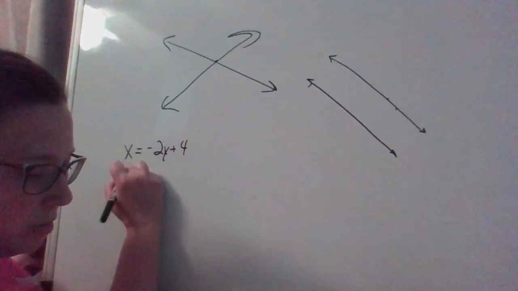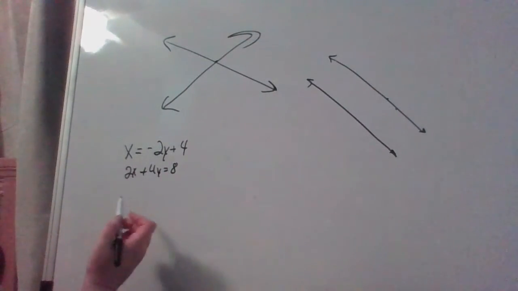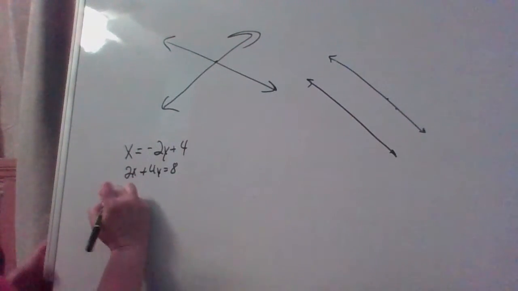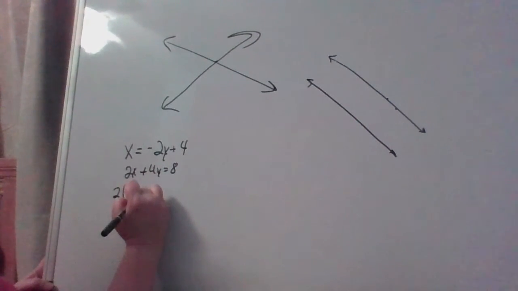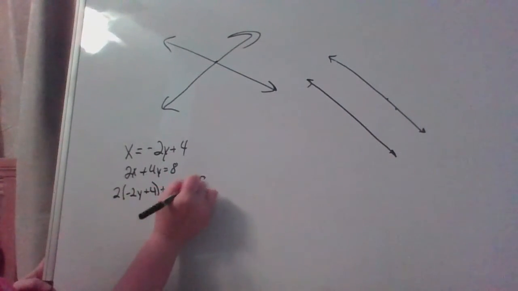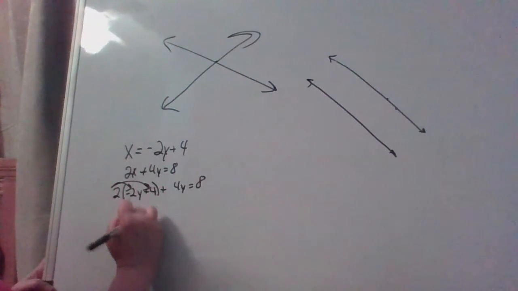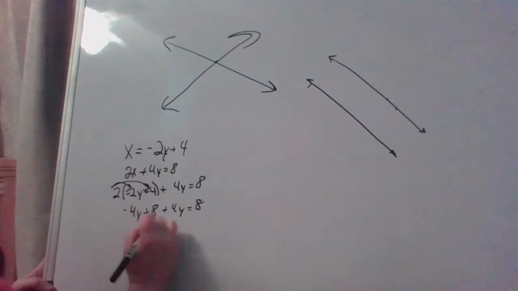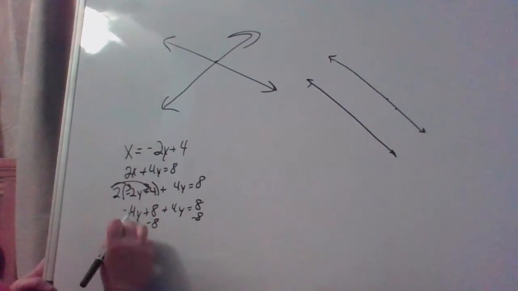So the one that they give us here, the system, is this. We already have this solved for x, so I would go ahead and put that in for x. And you have to distribute that too. Subtract 8 here.